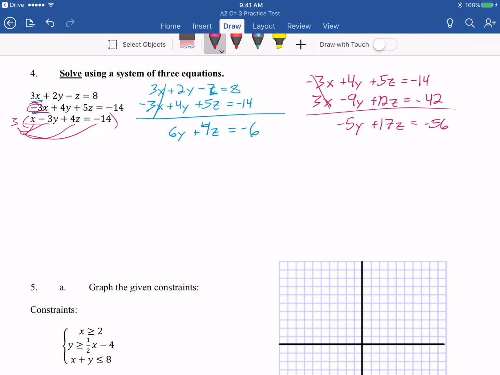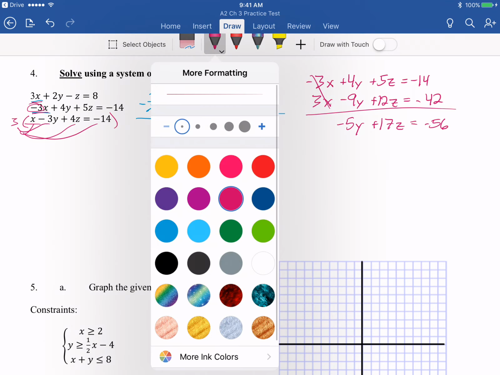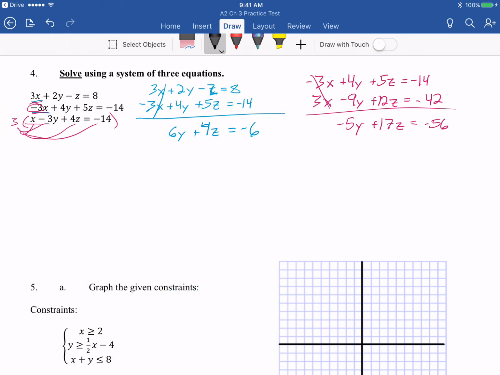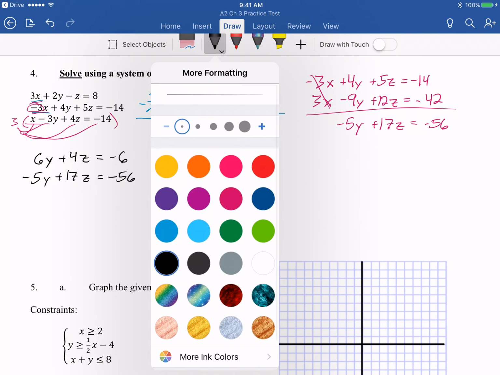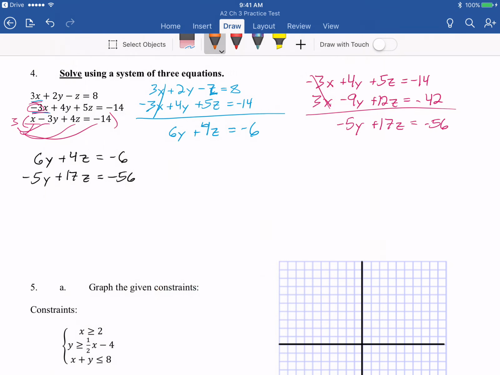All right. Excuse me. So now I have these two equations. I have 6y plus 4z is equal to negative 6, and I have negative 5y plus 17z is equal to negative 56.